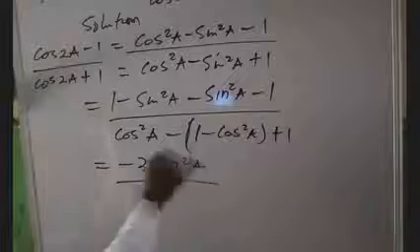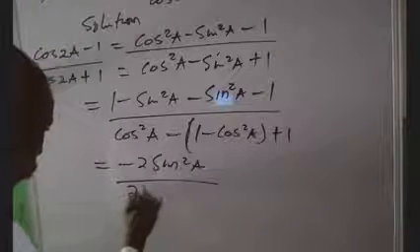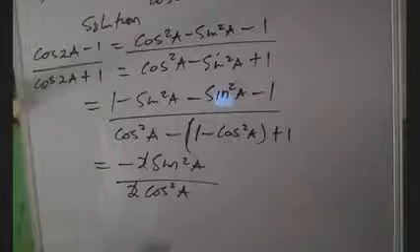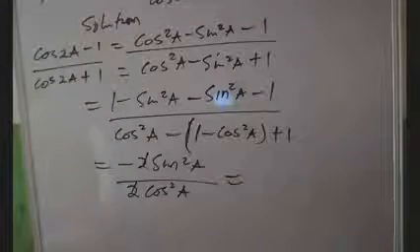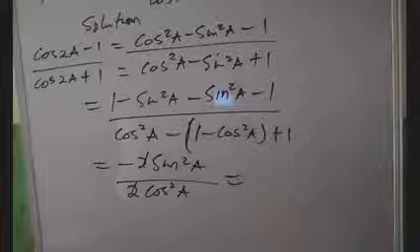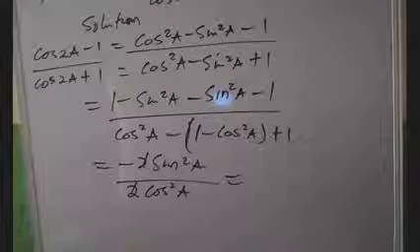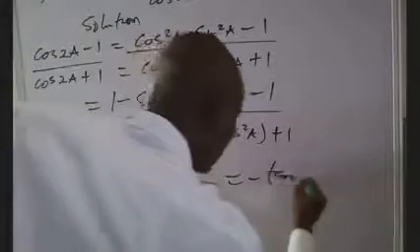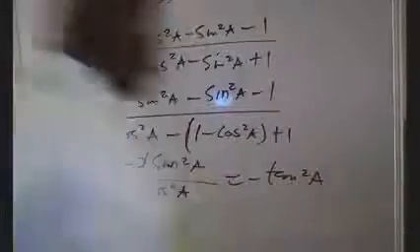So this will give you 2 cos square A. So 2 will cancel 2, and we have sine square A over cos square A. Remember, sine over cos is the same thing as tan. So this will give me minus tan square A, which is the answer.